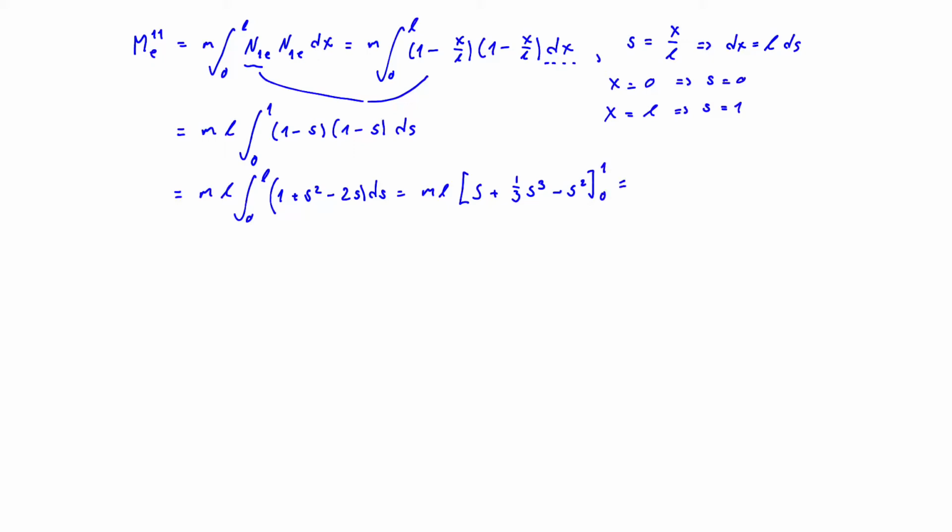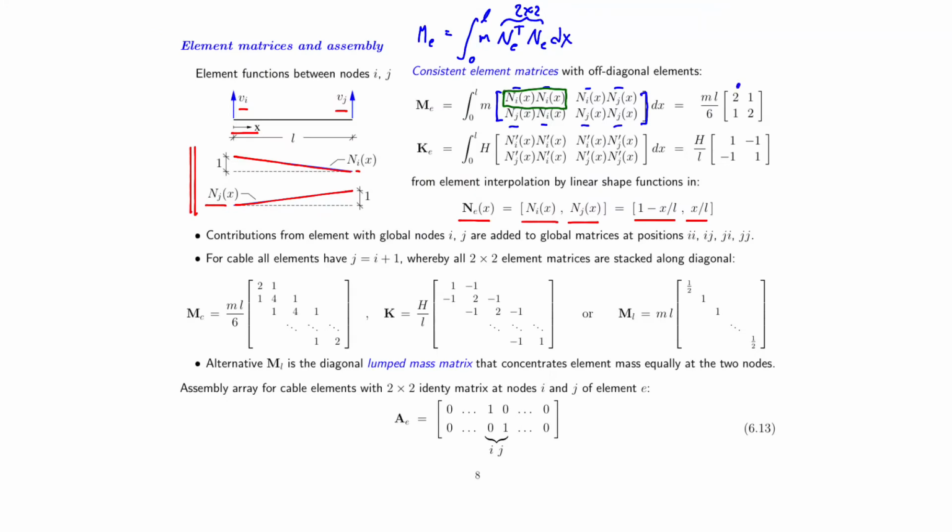We substitute in the boundaries. The lower boundary at s equal to 0 will not provide anything, all 3 terms will be 0. The upper boundary will give 1 plus 1/3 minus 1, and we'll have 1/3 m and then L. Exactly the value that we have at the 1, 1 element, but 2 divided by 6 is the 1 over 3 that we have just derived.